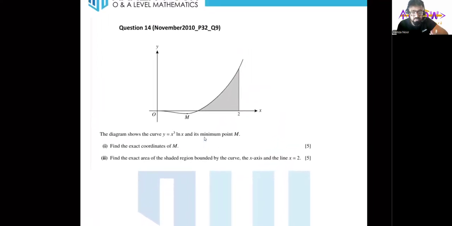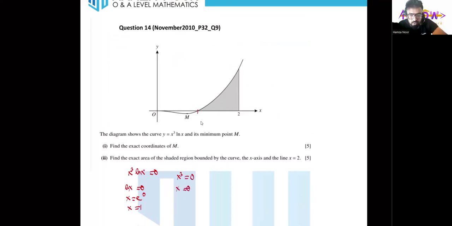First things first, we need to find the value of this x-intercept. Obviously, x cubed multiplied by ln x will be equated with 0. When ln x is equated with 0, x will be equal to e raised to the power of 0, meaning x will be equal to 1. And when x cubed is equated with 0, taking cube root on both sides, x will be equal to 0.